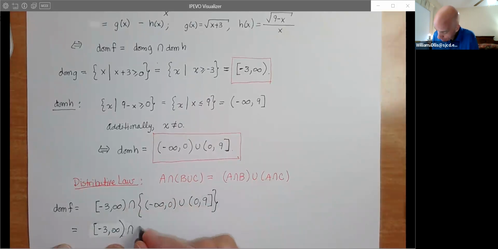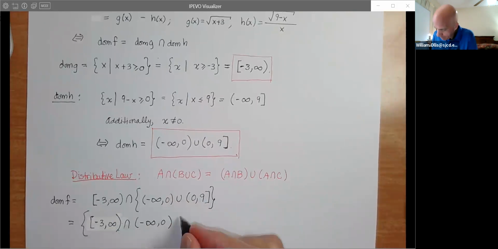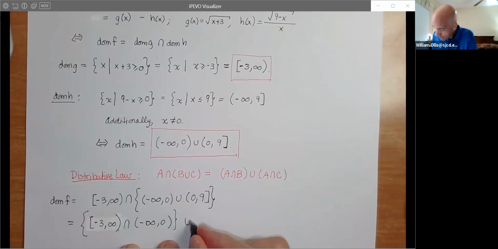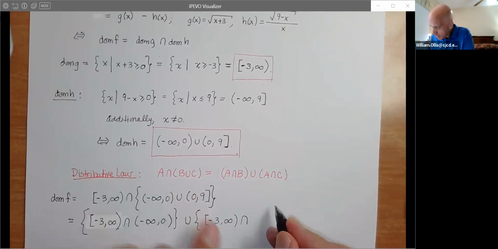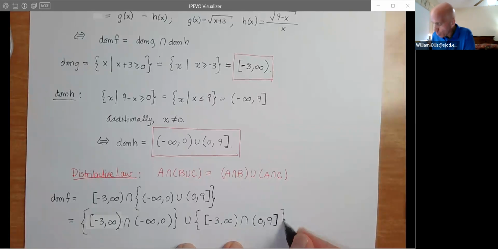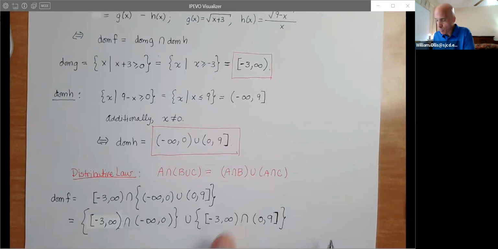Intersect, union, -3 to infinity, intersect 0 to 9. And so we can use the same technique that I just used before, but I wanted to go ahead and write this out using these symbols here.